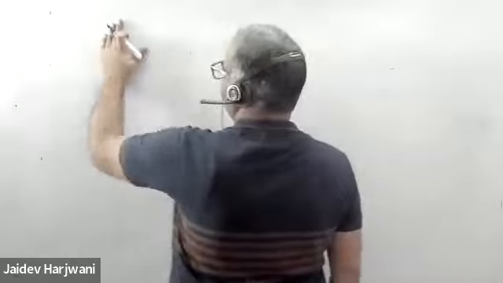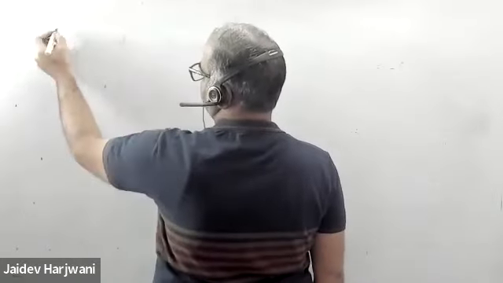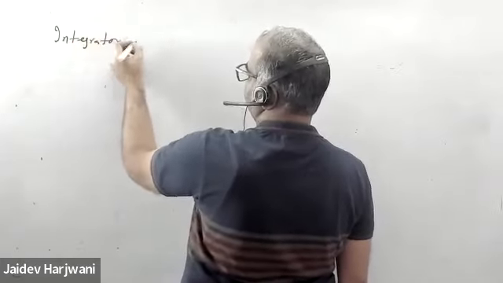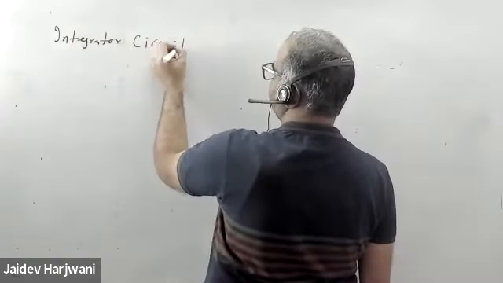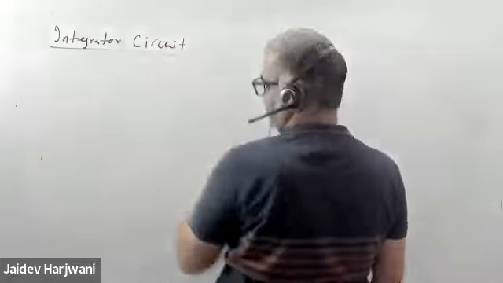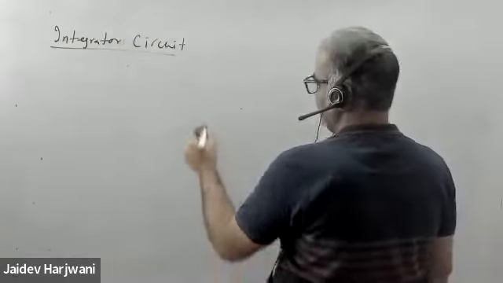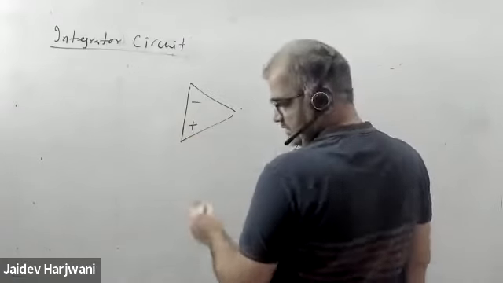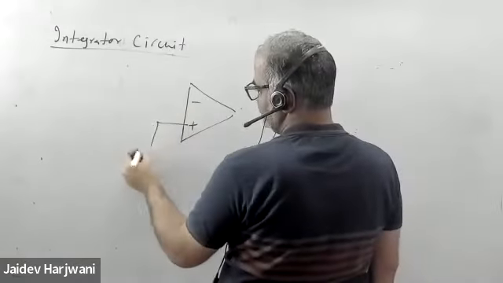So now put the integrator circuit. Integrator circuit means your output will be the integration of your input. All I'm doing is an application of the inverting amplifier. So you have minus here, plus here. You make this a ground.